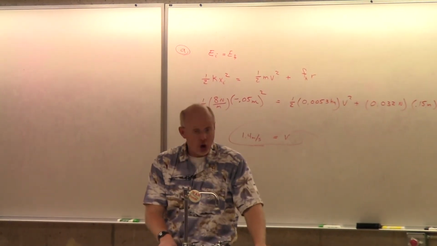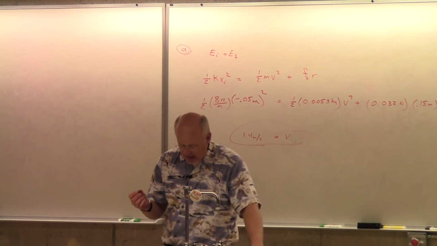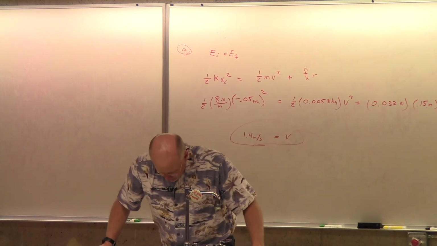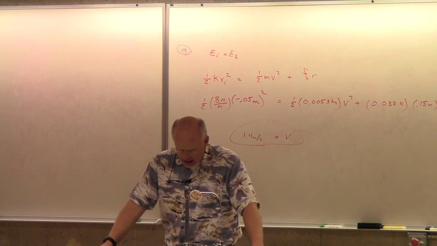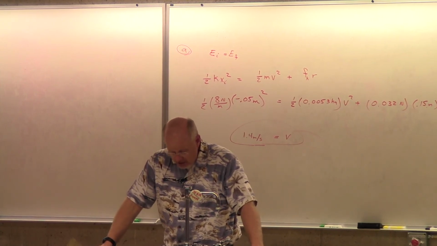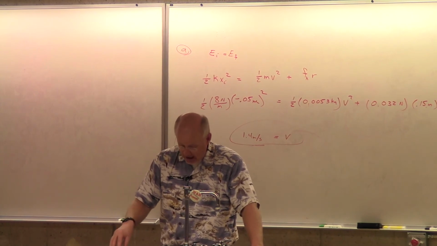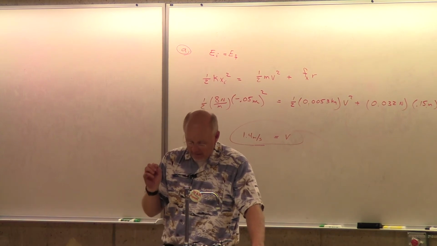15 says a crate of mass 10 kilograms is pulled up a rough incline with an initial speed of 1.5 meters per second. The pulling force is 100 newtons and it is parallel to the incline, which makes an angle of 20 degrees with the horizontal. The coefficient of kinetic friction is 0.4 and the crate is pulled up 5 meters.